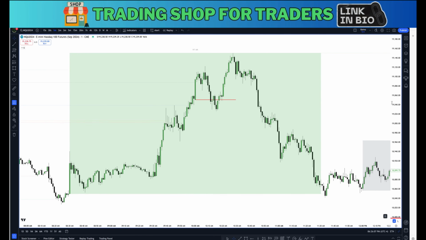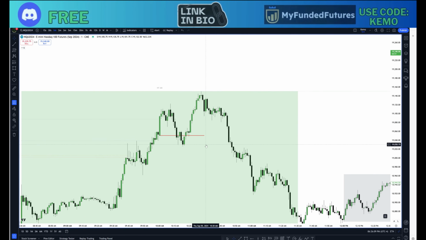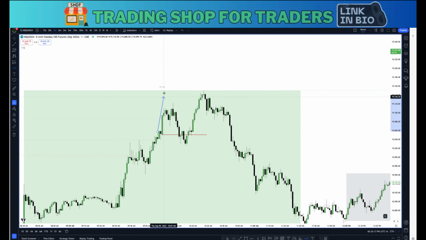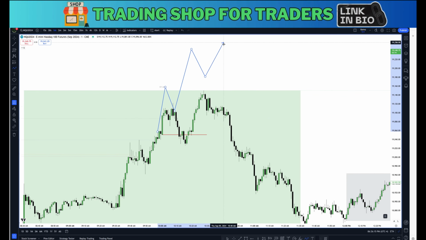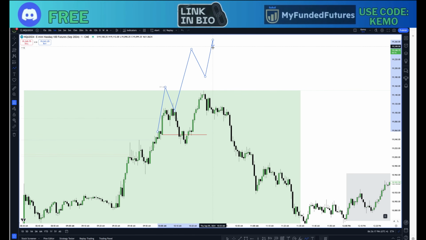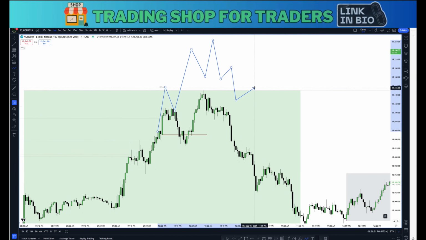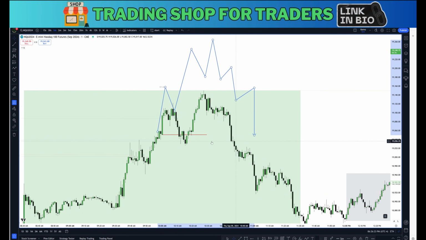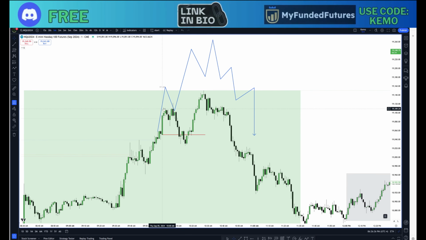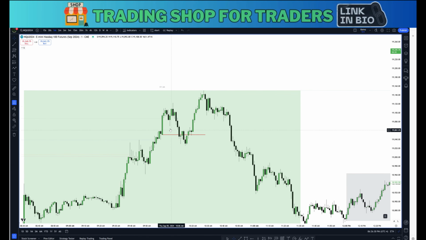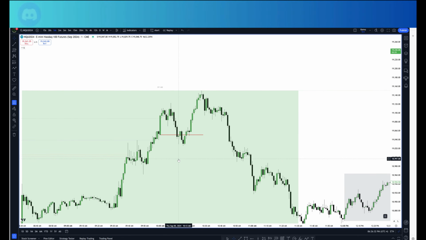Okay, let me say something here. If that pump here continued a little bit more, and then up here in premium, you get a short position, that short would be good to what? To the open price. But you are already at the open price, so you should not be taking any short or long positions here.